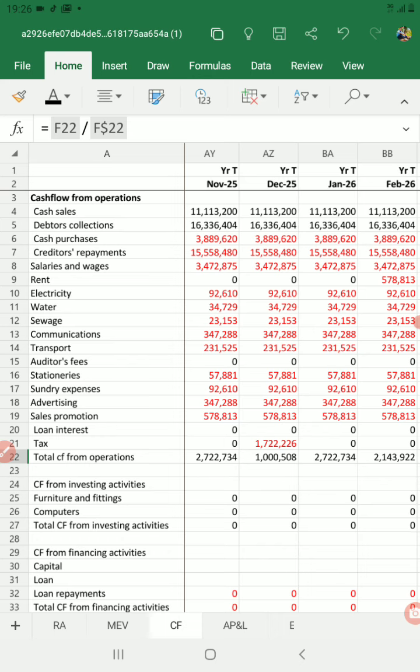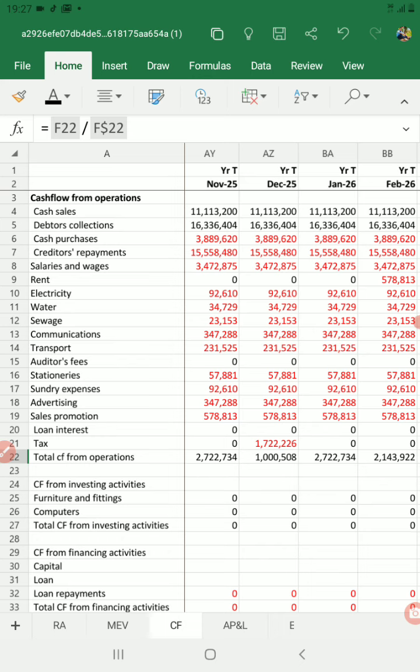Now, in most cases, because I have experience, I've been a bank examiner and also a banker, I have experience that when people present projected financials to the bank for seeking overdraft, they only present a cash flow statement.